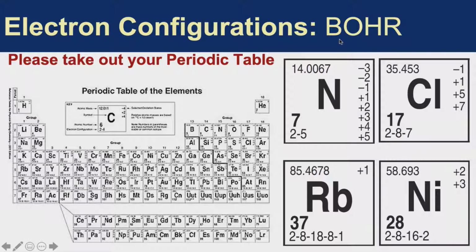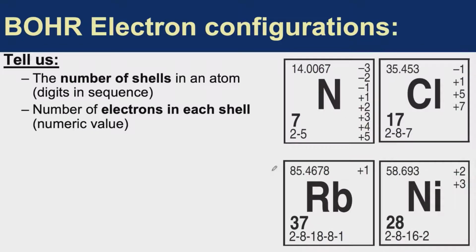Most notably, these are Bohr electron configurations, named after Niels Bohr, whose model of the atom said electrons will travel in straight line pathways and will never deviate, similar to the orbit of the planets around the sun.